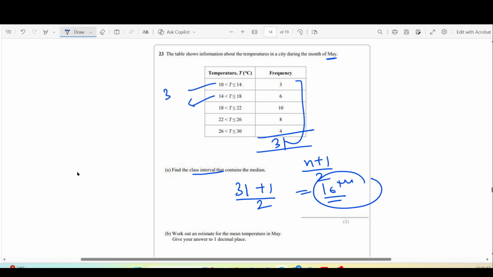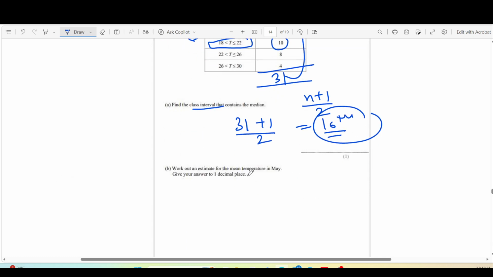Actually 14 is not included, so 15, 16, 17, 18. You can see here 3 and 6, there we have 10, right? Since the 16th value falls within the third group, the class interval is this. So this is going to be the class interval.